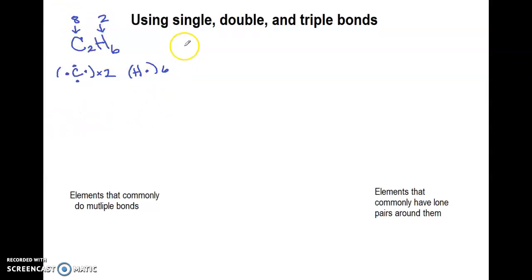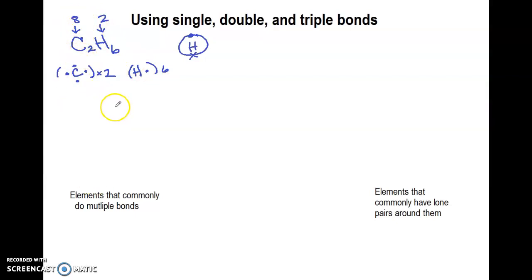Think about the Bohr model for hydrogen. There we've got our H, and then we have 1 valence electron in that first shell. But that first shell actually only holds 2. And so if we get another one right here, then we have filled the valence shell. So it's 2 for hydrogen and 8 for carbon.